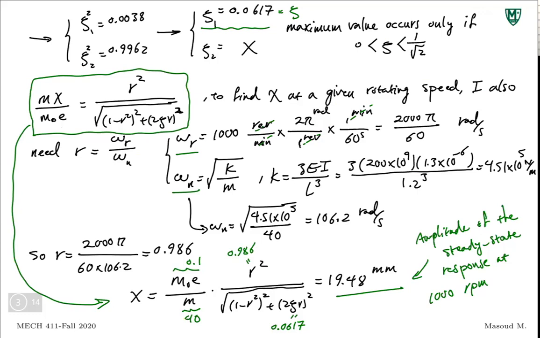To find the frequency ratio, we needed rotating frequency and natural frequency. Rotating frequency is given. We're looking for the amplitude at 1000 RPM, so we just converted that to radians per second to be consistent. Omega n was the natural frequency, the square root of k over m. We needed k, in this case a cantilever beam, so we could find k. Knowing omega r and omega n, we could find r, and from there we could get X. All right. Any question about this one, guys?